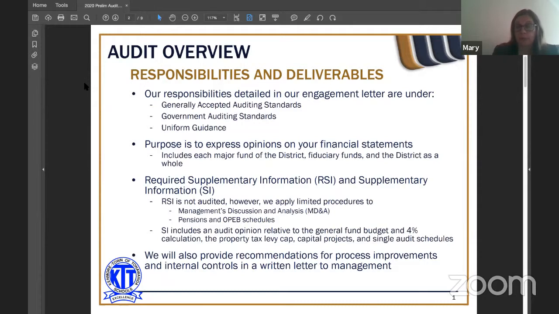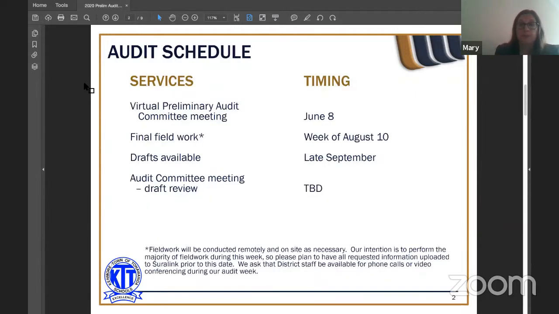And then there's also supplementary information, which is required by SED, which includes the general fund budget and its correlation to the 4% calculation, the property tax levy cap, capital projects, and then the single audit or uniform guidance schedules. And then we will provide a management letter with any recommendations we have, and also a communication with those charged with governance letter, which is required under the auditing standards.